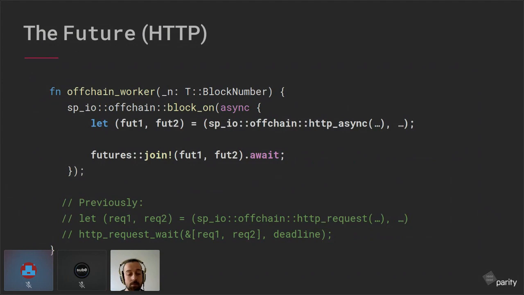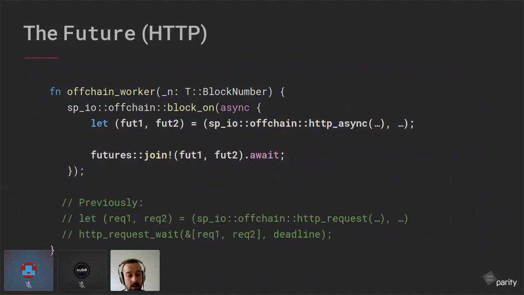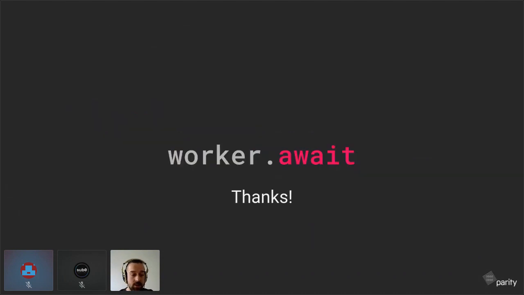This also opens up the possibility of using existing Rust future primitives and combinators. While we focus initially on the HTTP use case, it should easily expand to other use cases such as parallel or asynchronous computation. And that's really all for the progress on the async/await support in Offchain workers. Hopefully this will make using Offchain workers easier and more ergonomic.